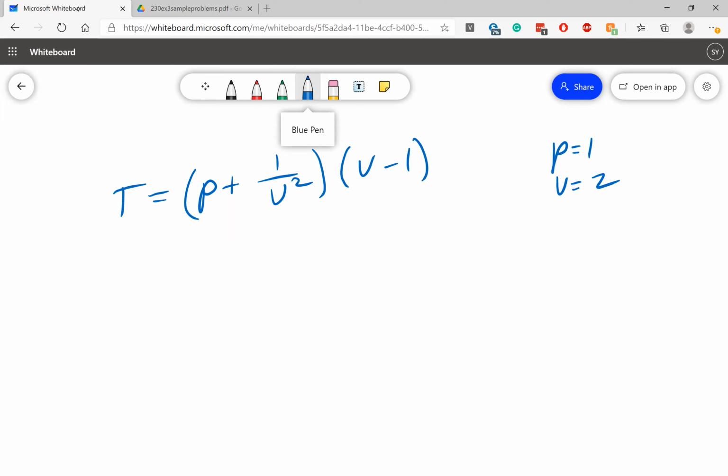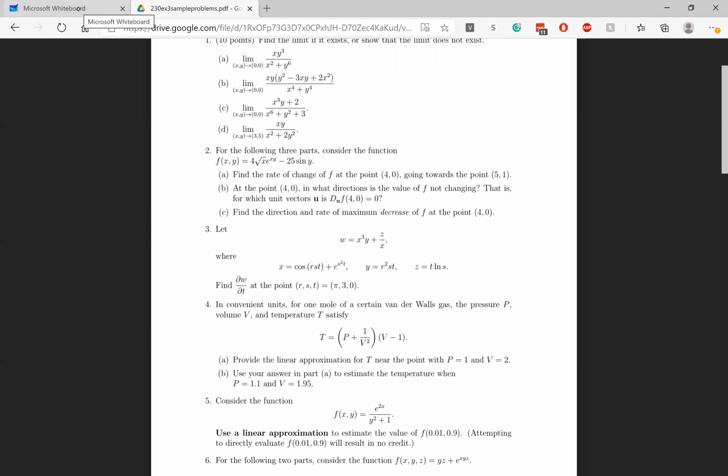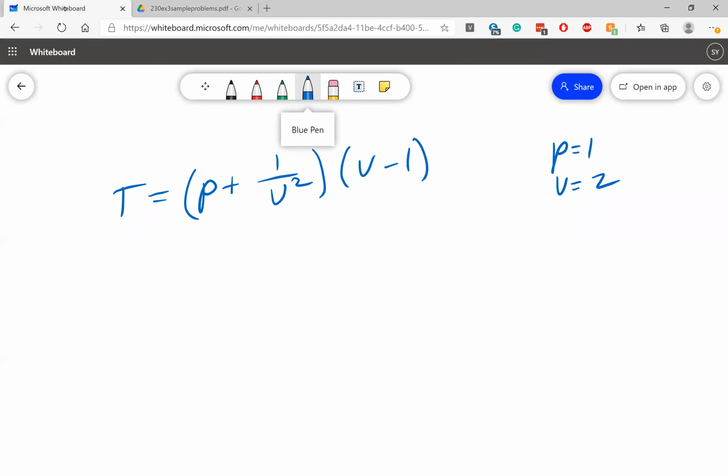Okay, so we know that the formula for our linear approximation is going to be T is going to be approximately T0, so T at this point. So let me actually write T in terms of pressure and volume.